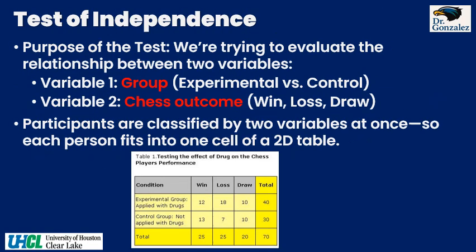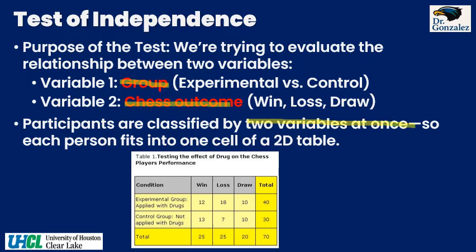So a test of independence is set up to help us evaluate a relationship between two variables, such as here I have the variables of being in a certain group, and the group is drugs or no drugs, and the outcome of a chess match. You can win, lose, or draw. So participants are going to be classified into two variables at once.